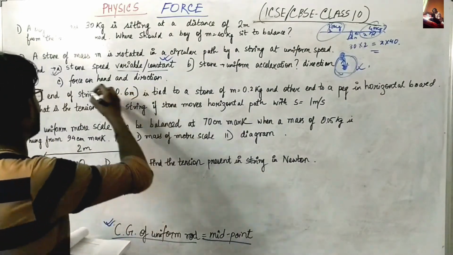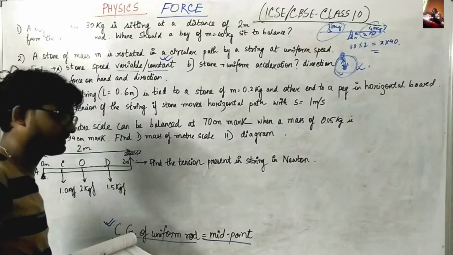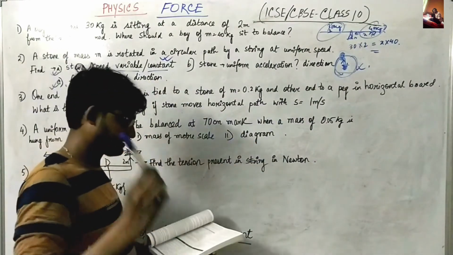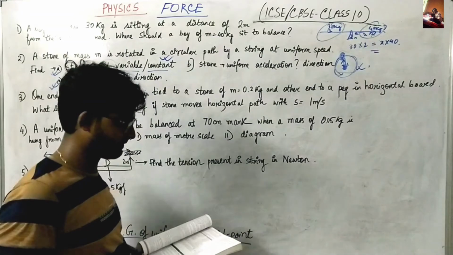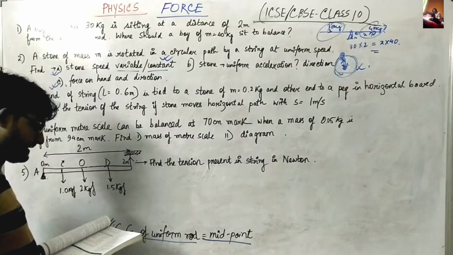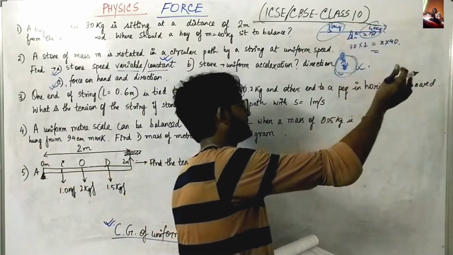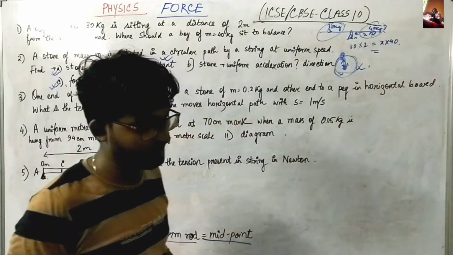And the third part: force on the hand and its direction. On my hand, a centrifugal force acts, radially outward. So inward is centripetal, outward is centrifugal.